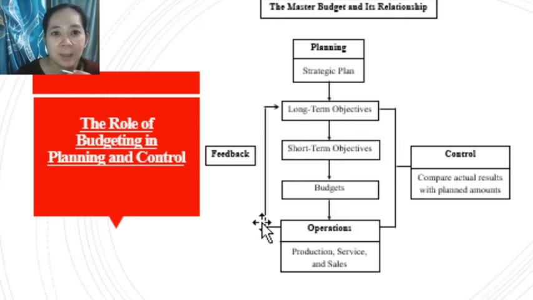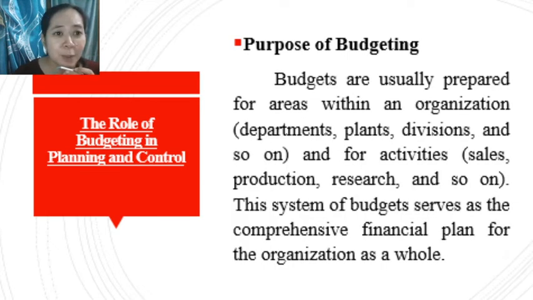Okay, so this is the master budget and the relationship for an organization. So the purpose of budgeting, aside from what we have mentioned earlier: budgets are usually prepared for areas within an organization. So we can prepare budgets for the different departments, each department, plants, divisions, segments, and so on, or even the organization as a whole.